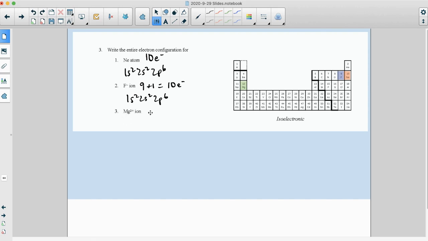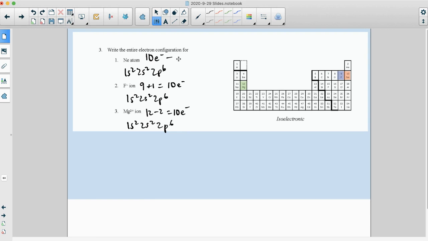Okay, so Mg 2+. Mg normally has 12 electrons, but plus 2 means it lost 2, so it also has 10 electrons. It lost its 2 valence electrons and now looks like neon, a noble gas. So its electron configuration is also 1s2, 2s2, 2p6.